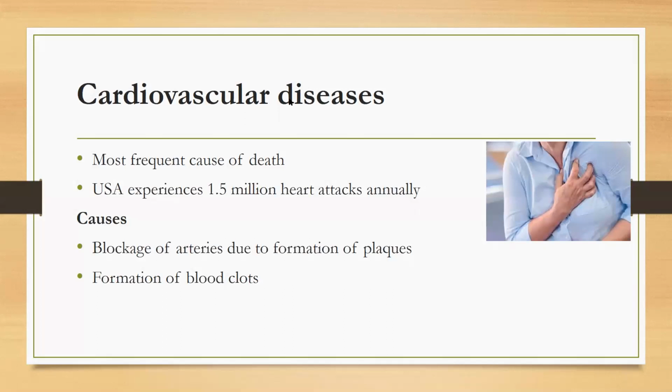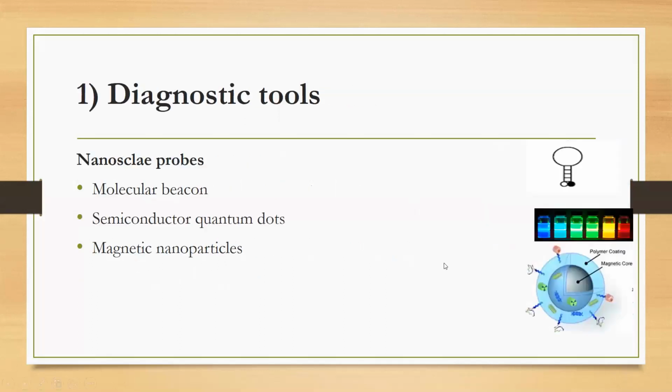So we utilize various means in order to treat, in order to diagnose the cardiovascular diseases. And our topic of discussion is nanomaterials. How nanomaterials could be used in order to diagnose, in order to treat, and in order to repair the tissues that have been ruptured due to the cardiovascular diseases.